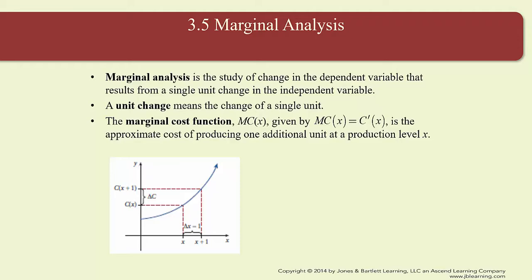So there's a graph, the blue curve you see here, that's some generic cost function. On the x-axis, you go from x to x plus 1. That's a delta x value of 1. And then on the corresponding y-axis, C of x compared to C of x plus 1, the difference there is the actual change in cost.